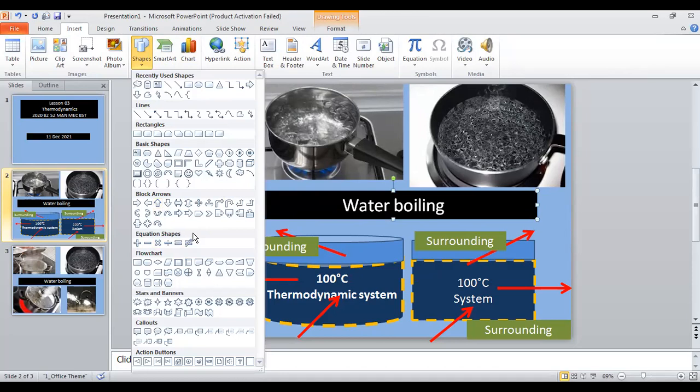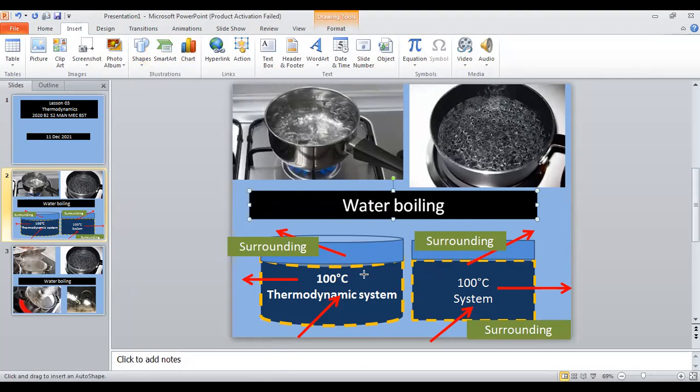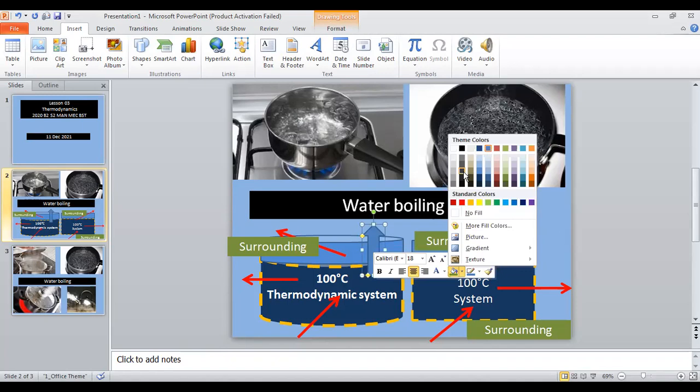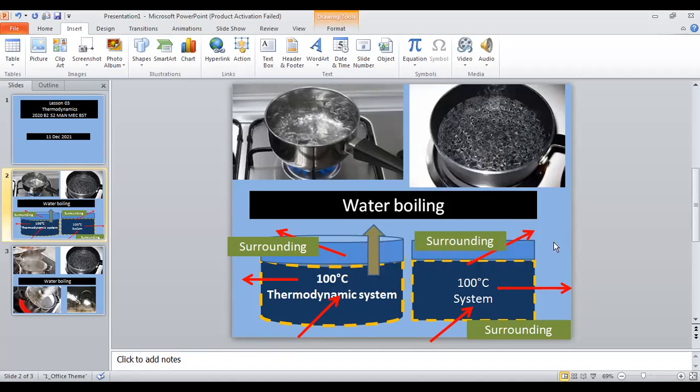A mass transfer. Transfer means from system to surrounding. Mass transfer as well. So that's how the system is connected with the surrounding: heat interaction and mass interaction.